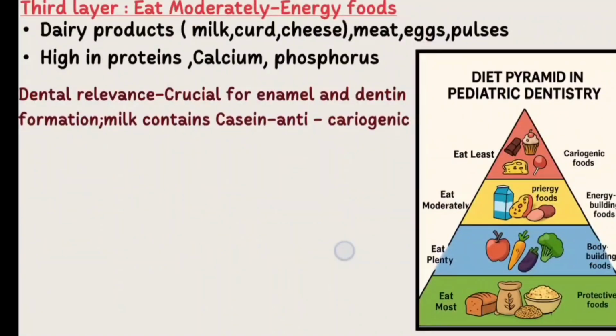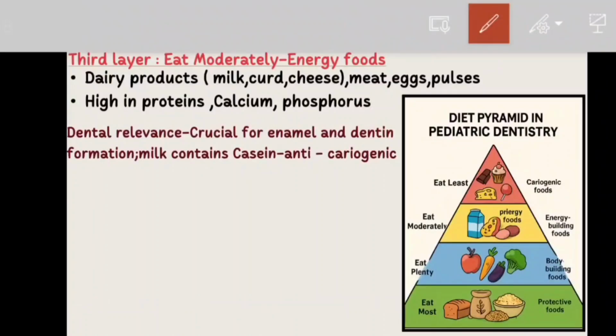Okay. Now the third layer, that is the eat moderate, that is energy food. This layer contains milk, curd, cheese, meat, apples. They are high in proteins, calcium and phosphorus. Okay. Now we see dental relevance. These nutrients are crucial for enamel formation and dentine formation.